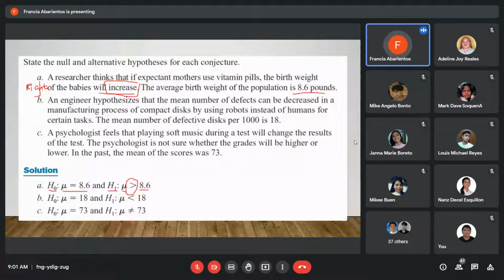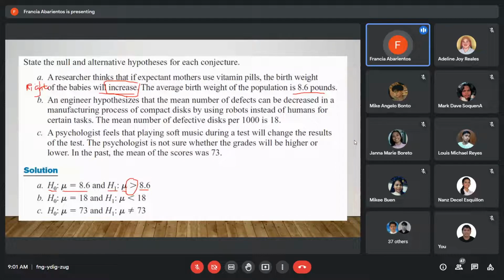Anyway, in situation B, class, take note that an engineer hypothesized that the mean number of defects can be decreased in the manufacturing process of compact discs by using robots instead of humans for certain tasks.